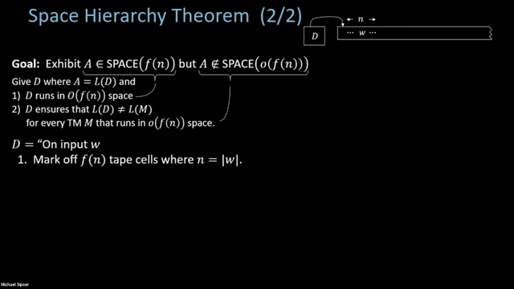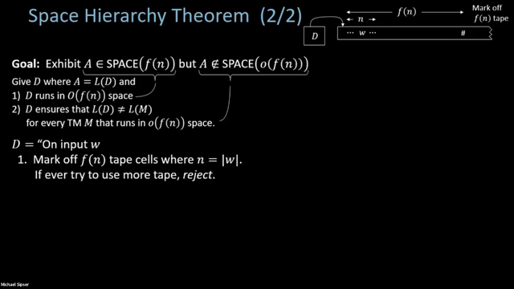Otherwise we're in danger of D's language not being in space f of n. So D is going to guarantee that by marking off f of n space, and if it ever tries to use more than that, it just rejects. By virtue of that, we're sure that D's language is in space f of n, because D is an f of n space Turing machine, and it's going to be a decider. Okay, so this part so far is not too hard.